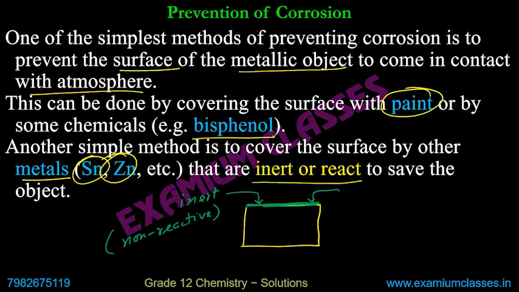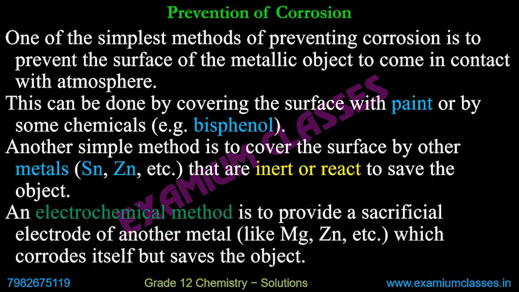Or this metallic surface reacts but saves iron. Reacts but saves iron. So in this case, it is known as sacrificial, means it sacrifices itself and saves iron.